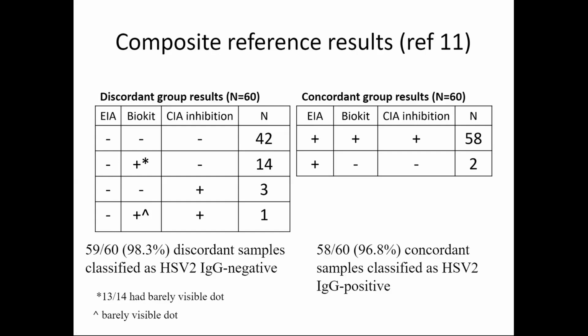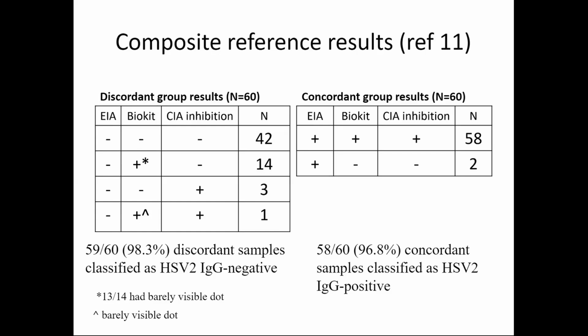And then there was 1 sample that was positive by both the inhibition assay and the BioKit assay, even though it was negative in the EIA screening assay. But also this sample had a barely visible dot on the BioKit, suggesting that maybe that was a false positive as well.